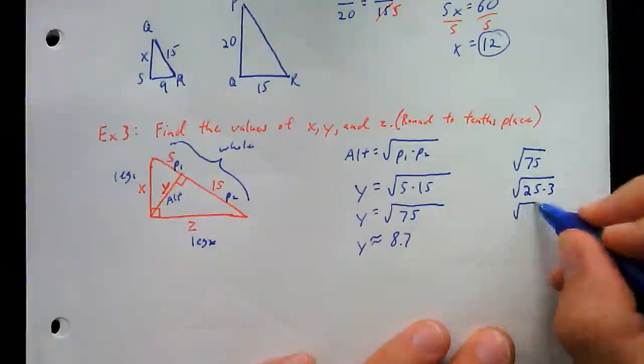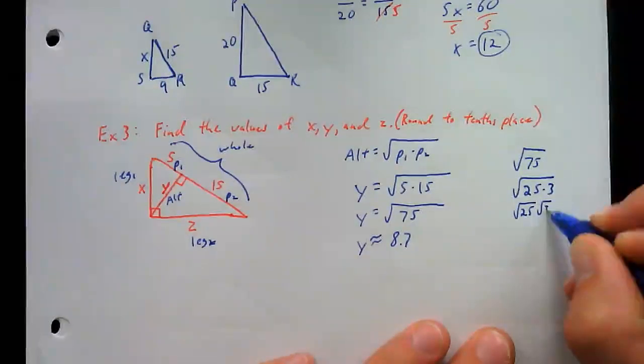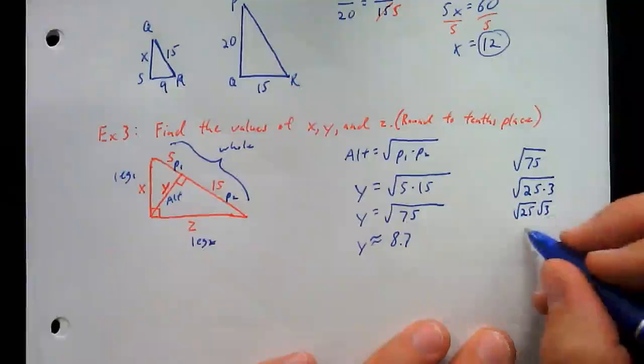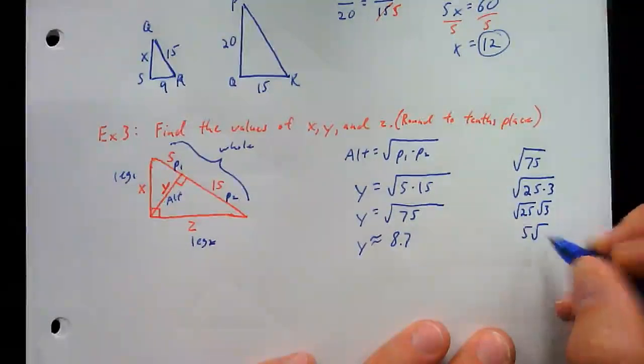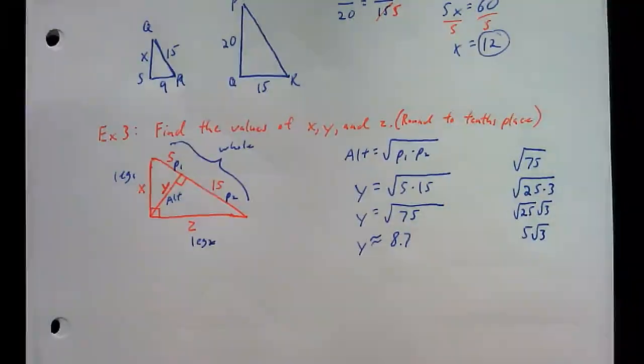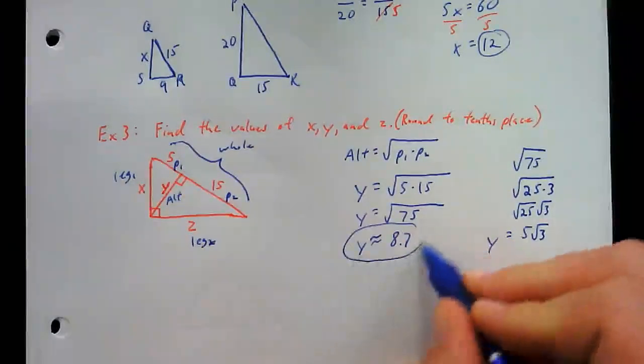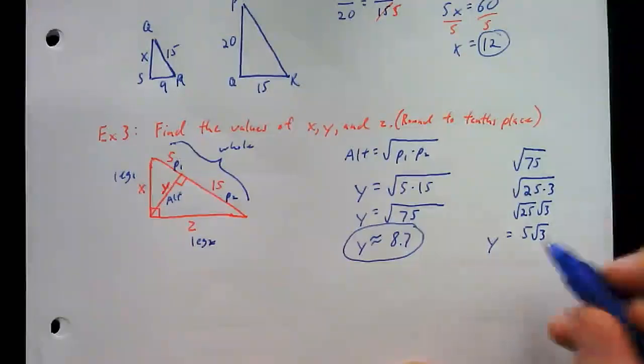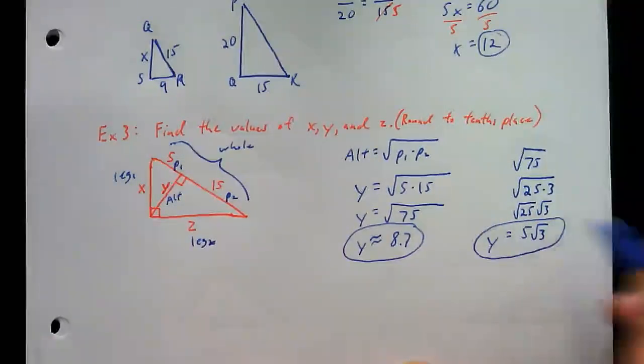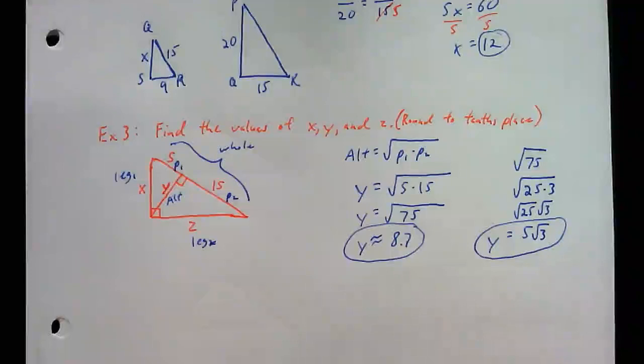So now you'd have the square root of 25 and the square root of 3. Square root of 25 is 5. So you'd have 5 radical 3. So our answer as a rounded decimal would be 8.7. Our answer as an exact value would be 5 radical 3. So that's our answer for y.